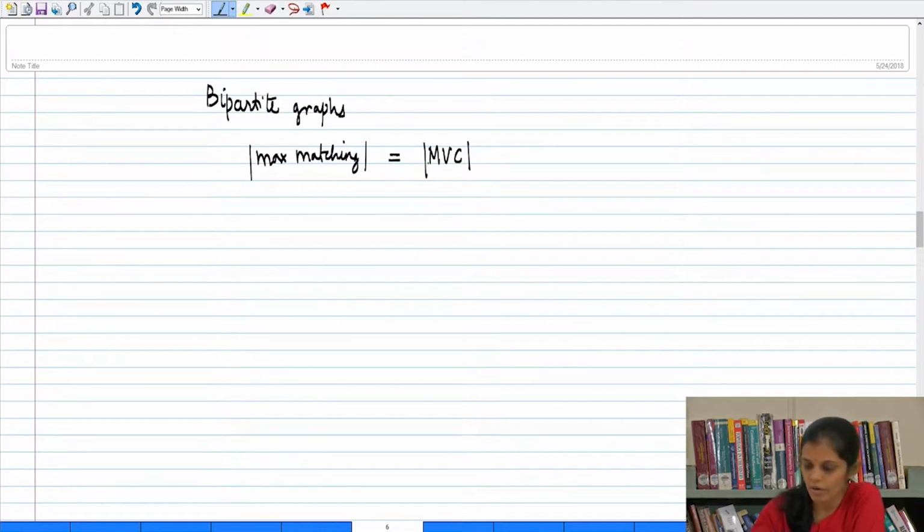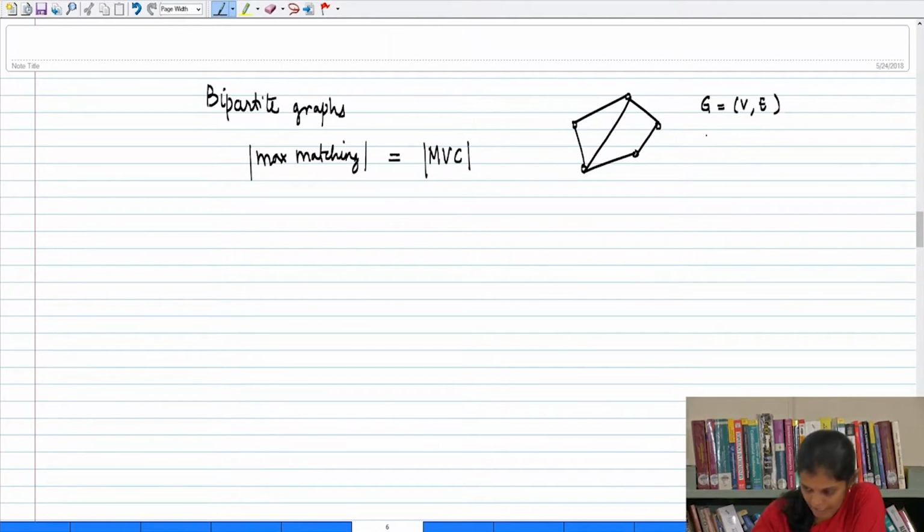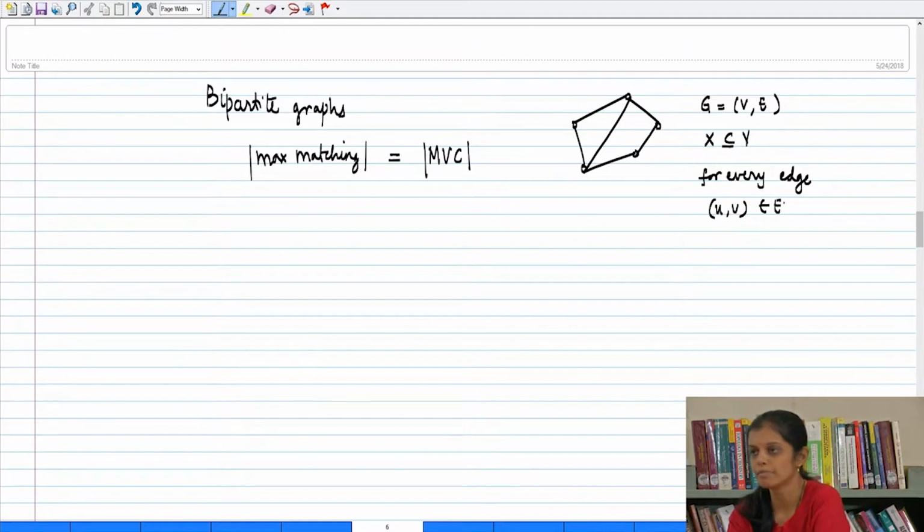bipartite graph. To recall what is a vertex cover, in any general graph one can define a vertex cover, and a vertex cover is a set of vertices. So for a graph G equal to (V, E), a vertex cover X is a subset of the vertex set such that for every edge UV belonging to E, what property should hold?